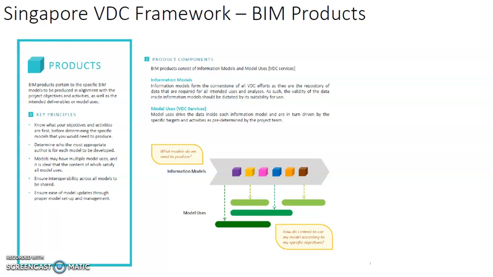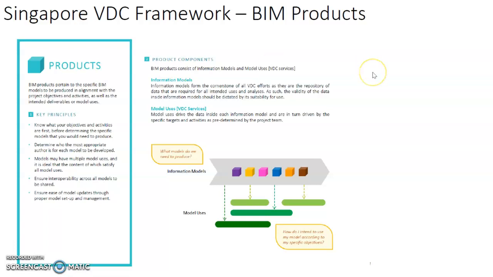It can be a more concrete 3D model, then progress to a discipline model, say structural or architectural. When it goes on to the construction stage, maybe there is a coordination model. So along the different phases of the project delivery life cycle, there are different models or different types of products.